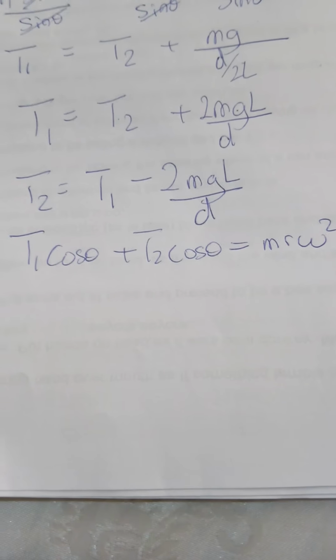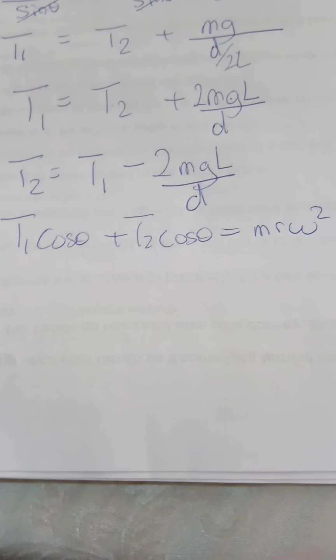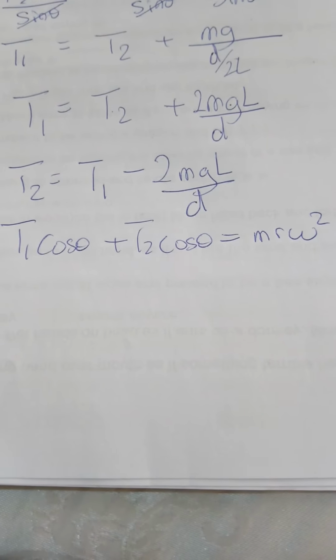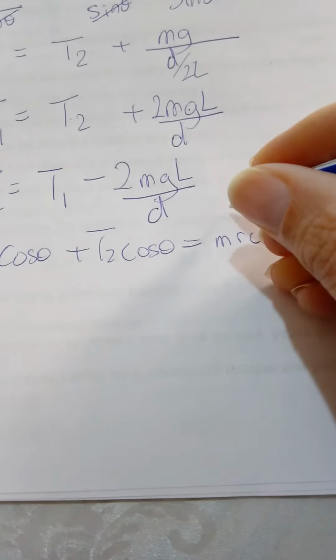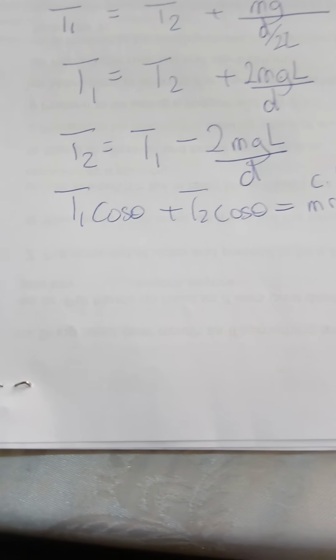I'm using m r omega squared for centripetal force because I need an equation for omega and not for velocity. So this over here is the centripetal force, m r omega squared. Left hand side we can see that cos theta is common, so we'll take it out in the brackets. So here I will have (T1 plus T2) cos theta in brackets equals m r omega squared.